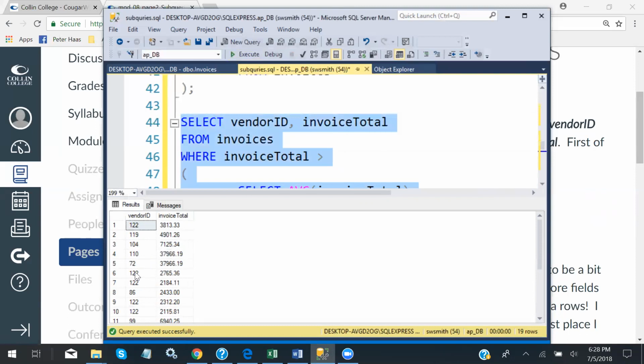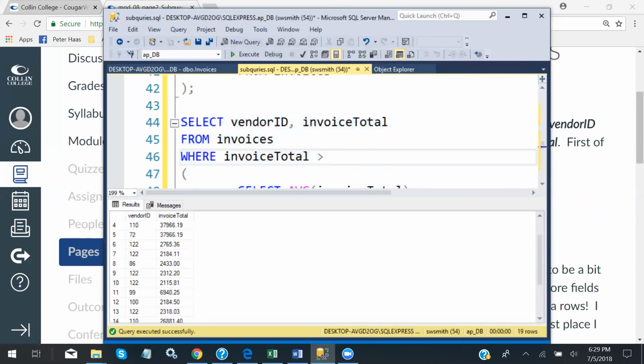Notice that I can have two different invoices from the same vendor ID. So 122 appears multiple times here, 4 or 5 times. So 122 apparently has fairly high invoices. So I've got 19 rows where it is greater than.